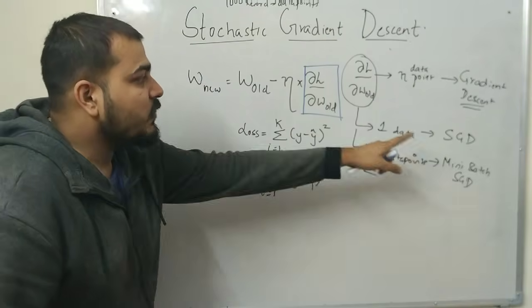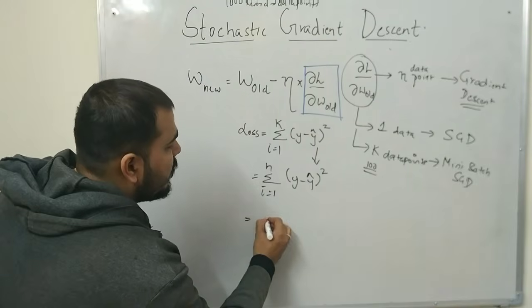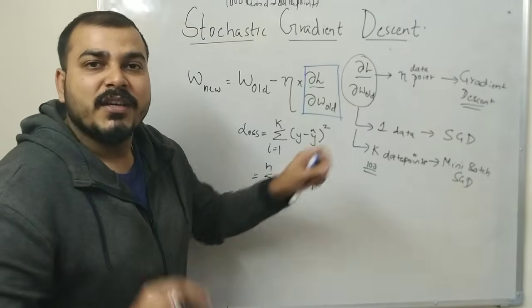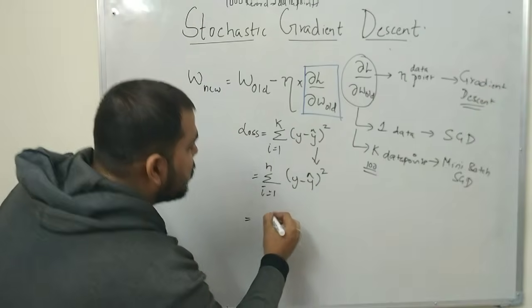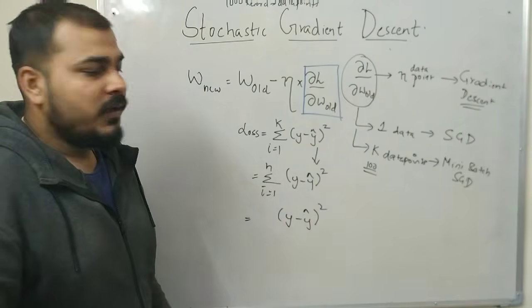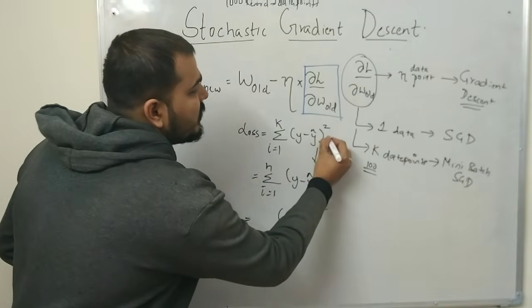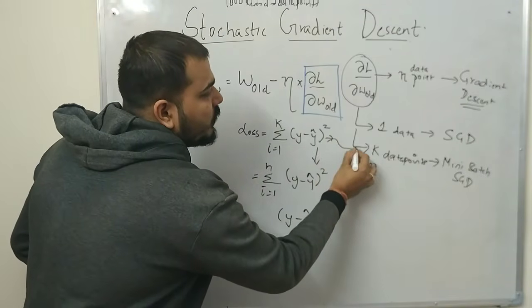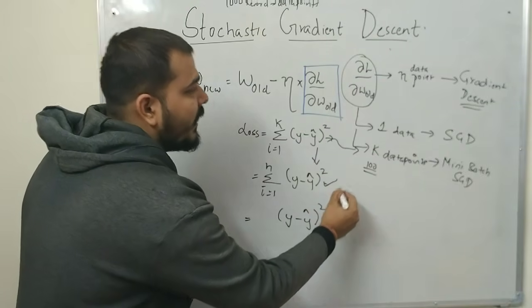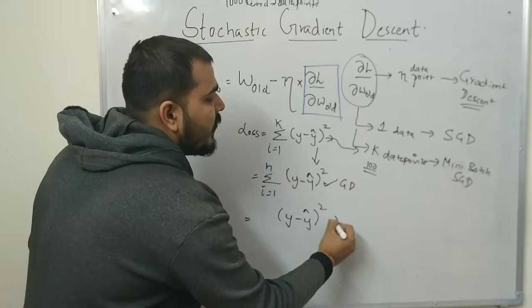In the case of stochastic gradient descent, this summation will go off because I am trying to update the weights for each and every data point. So this formula will just become (y minus y hat) whole square. So this is how the difference is. This is the first technique, which is mini batch SGD. This particular technique is my gradient descent, and this is my SGD.